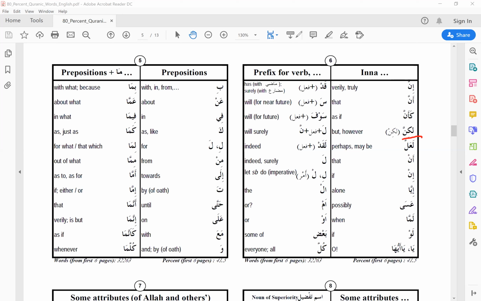Lakin, and this is an exclusion. You're excluding an item. Out of all the different things, lakin, but now here's an exclusion, and then you're giving the reason for that exclusion.